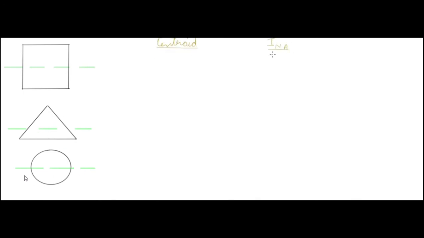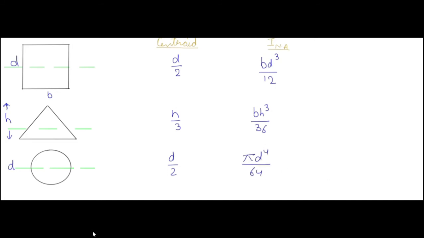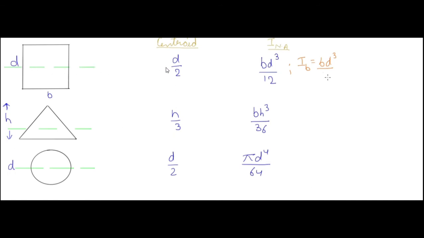Here D is the depth and B is the width. Similarly for the triangle, H is the height, and for the circular cross section, D is the diameter. So for the rectangle, the centroid is at a distance D by 2 from the base.